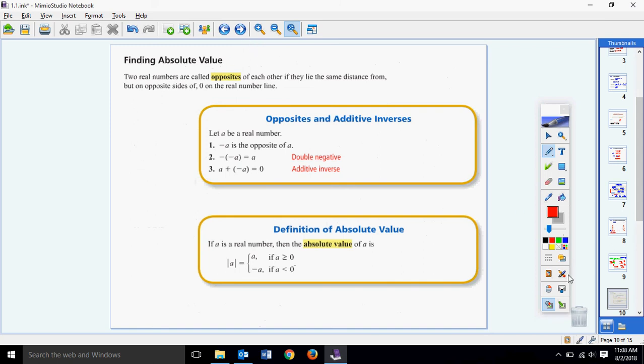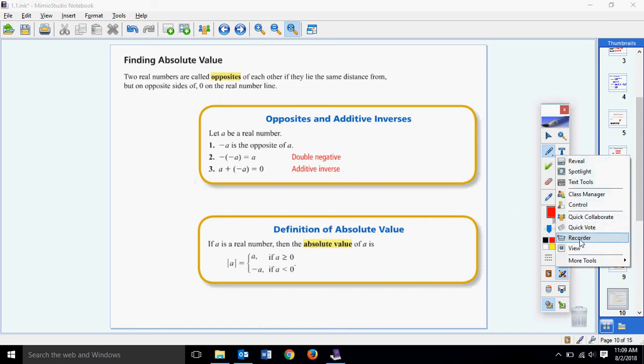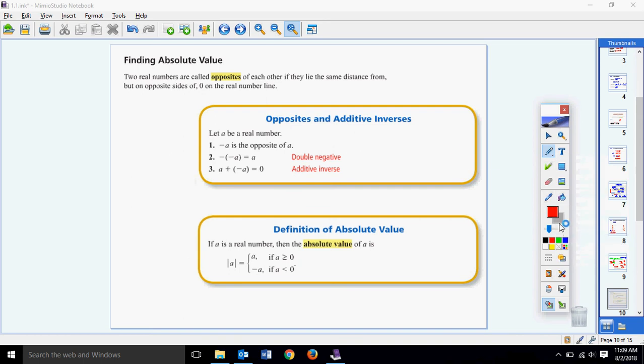Okay, absolute value is our next topic. It is the last objective that we're going to talk about. Using that idea of distance, I want to first talk about the term opposites. Two numbers are opposites if they're the same distance away from 0, but on opposite sides.